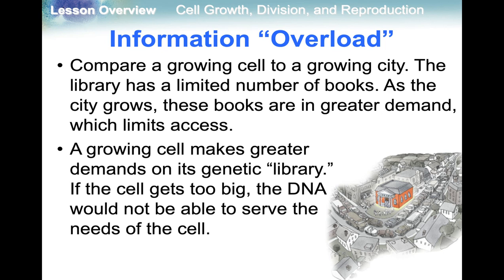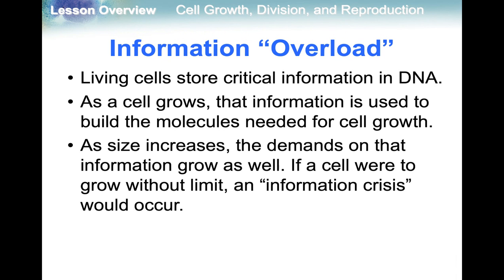If the cell gets too big, the DNA would not be able to serve the cell and meet all of its needs. This pretty much means that it becomes overloaded. A living cell needs to store that critical information in the form of DNA. As the cell grows, that information is used to run the cell.